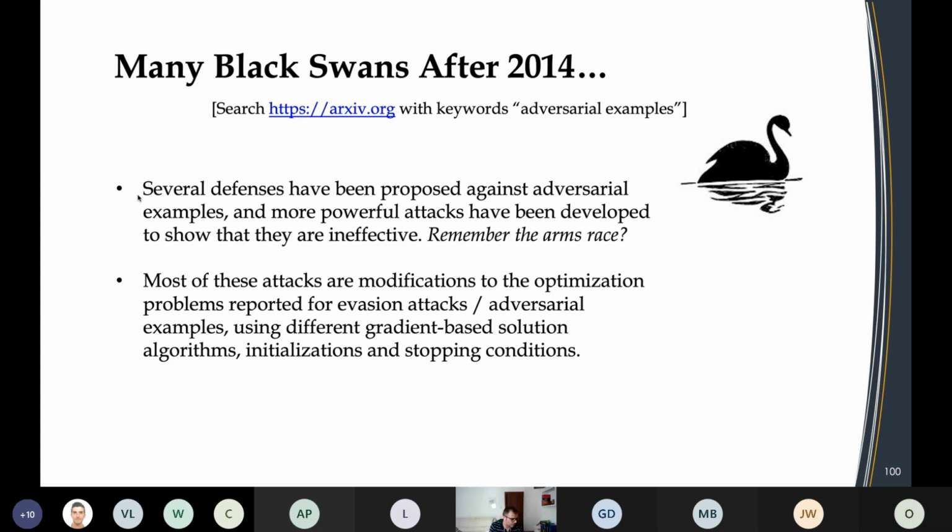There is a line of work which is gaining traction nowadays, which is also using formal verification to compute bounds on these minimum distances to evasion, so minimum bounds on the adversarial robustness of models. But it's still preliminary and working only for small models.